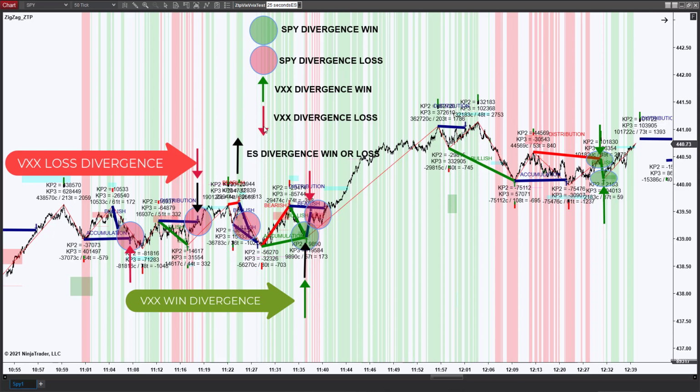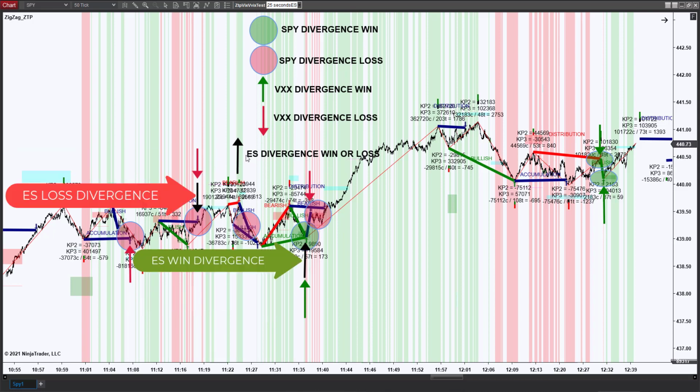If it was a loss, the arrow is going to be red, as we have right here. And if there was ES divergence at the same time, as we had both in this trade and in this trade, there's just going to be a black arrow.